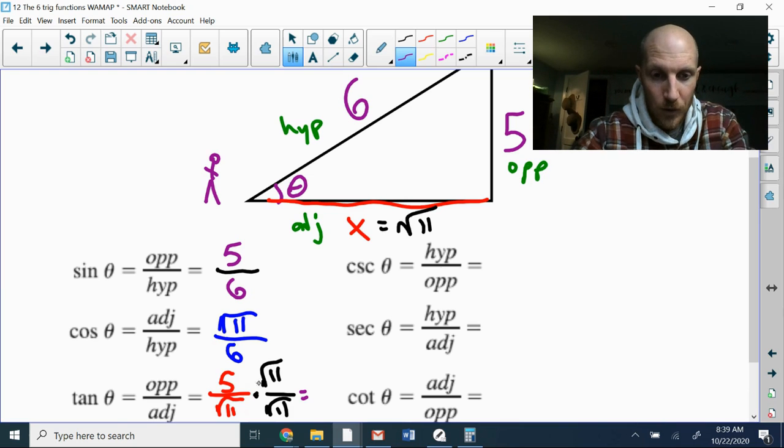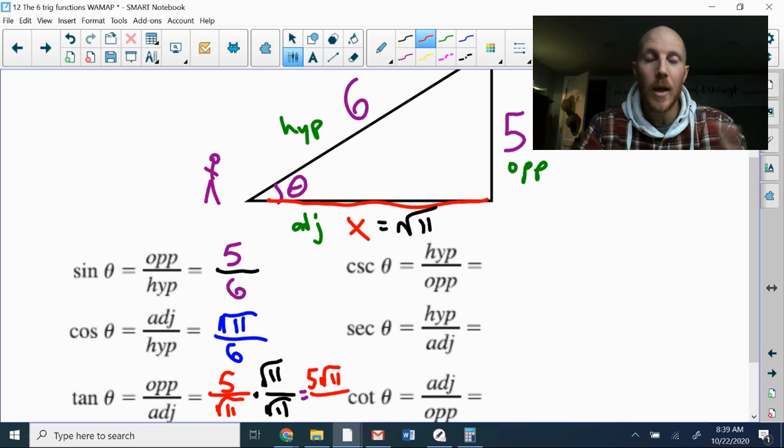So multiply straight across the tops, 5 times the square root of 11. It's 5 radical 11. And in the denominator, I'm going to get the square root of 11 times the square root of 11, which would be the square root of 121. I'm not going to write that down because I don't have enough space here. But the square root of 121, oh, that's a perfect square. And I know that 11 times 11 is 121.